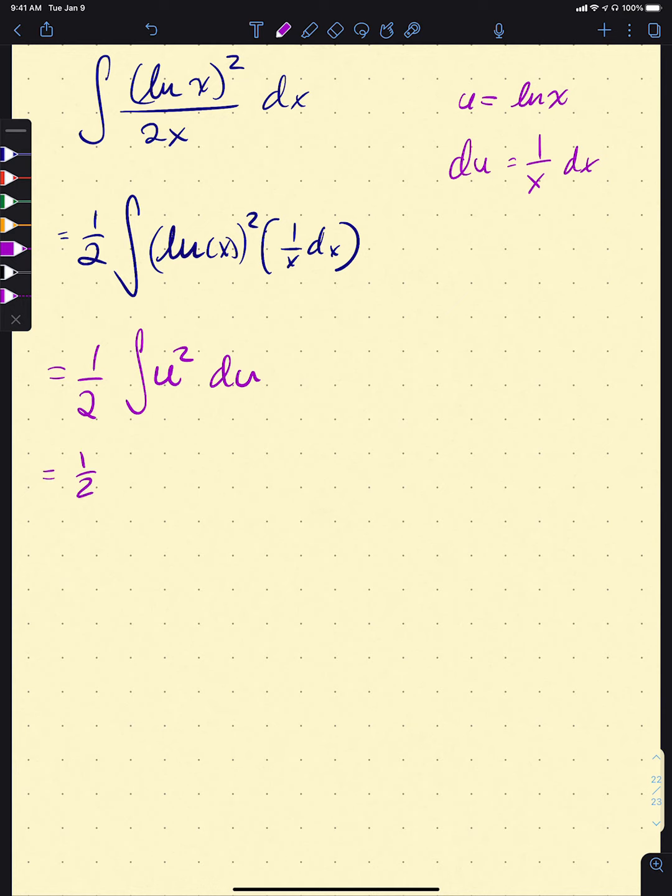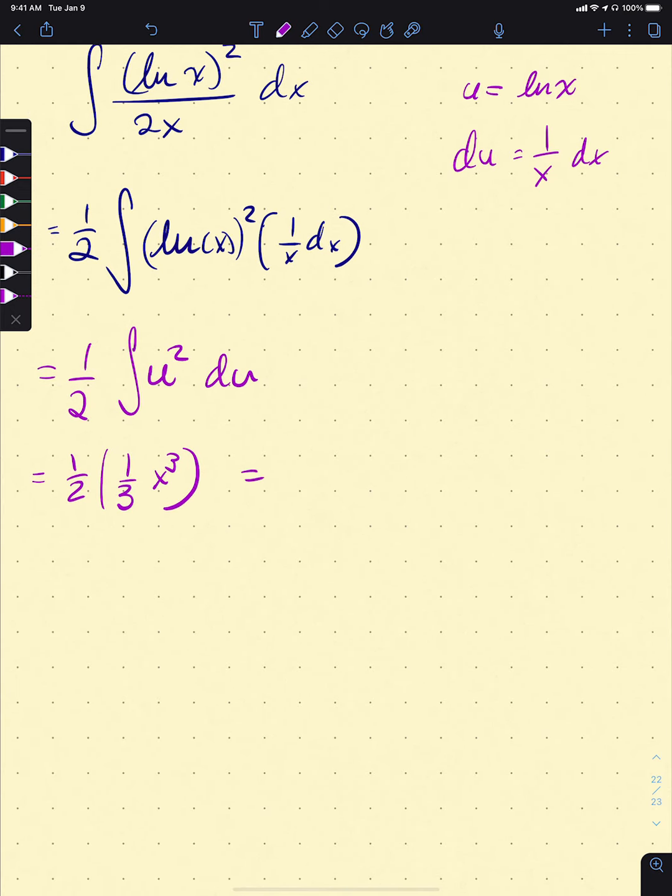Right? That's 1/2 times 1/3 u cubed. 2 plus 1 is 3, and 2 plus 1 is 3. Right? 3 and 3. And of course, I can combine those and get 1 over 6 u cubed plus c. Can't forget our plus c.